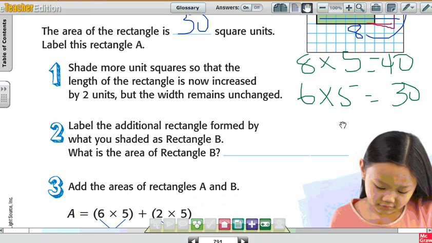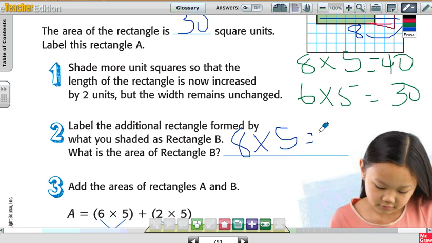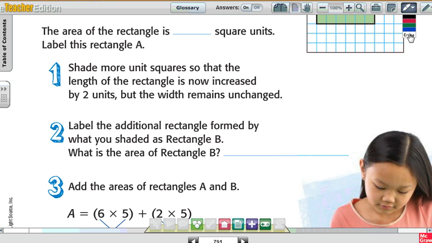Okay. Label the additional rectangle formed when you shade it in rectangle B. What is the area of rectangle B again? What's the area of the rest of it, the whole thing? 8 times 5. But the way they did it was this.